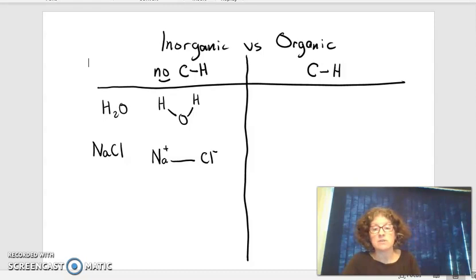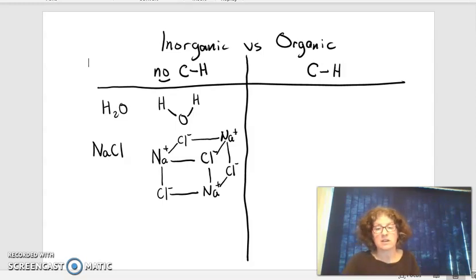strong. So if you had a salt crystal, what you really have is a lattice, a crystalline lattice that I'm just drawing one little cube of it, but it would go on for quite a while, this crystalline lattice. And it would consist of all of these ions that retain their charges that are ionically connected together.